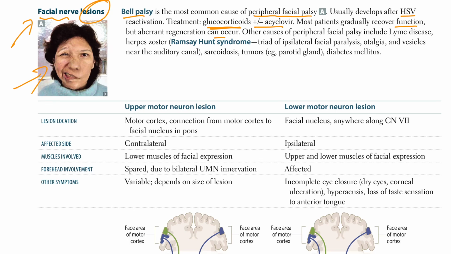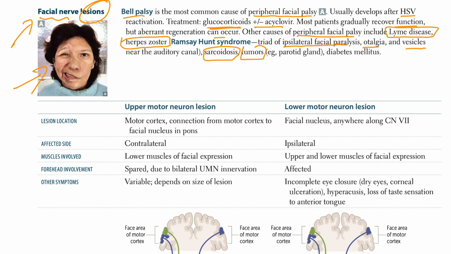Other causes of peripheral facial palsy include Lyme disease, herpes zoster, which is Ramsay-Hunt syndrome, a triad of ipsilateral facial paralysis, otalgia, and vesicles near the auditory canal. Sarcoidosis is another cause.